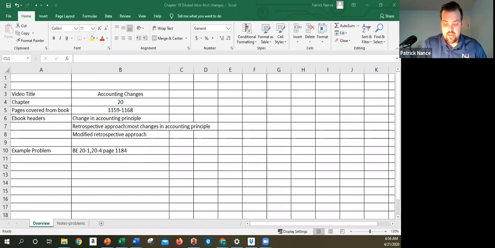If a new accounting standards update specifically requires prospective accounting, that requirement is followed. For instance, on page 1167, for a change from the equity method to another method of accounting for long-term investments, GAAP requires a prospective approach.